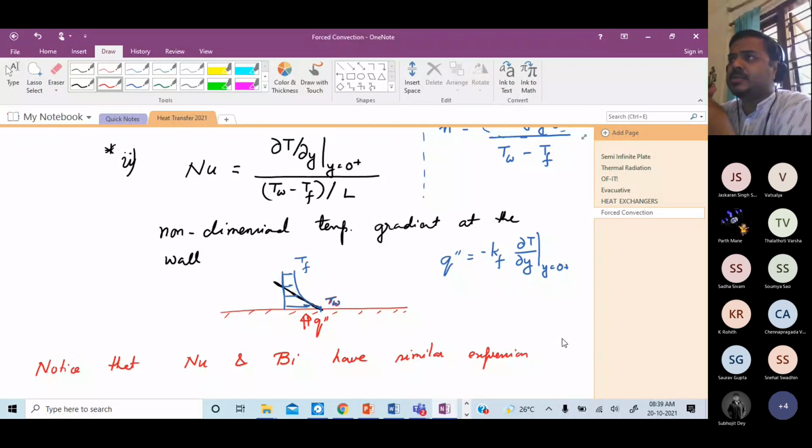If they're both HL by K, then why are they given two different names? What are your thoughts on that? For Biot number, it is Ks.